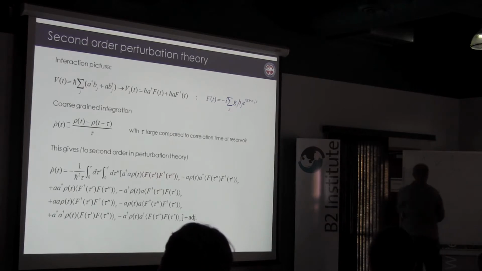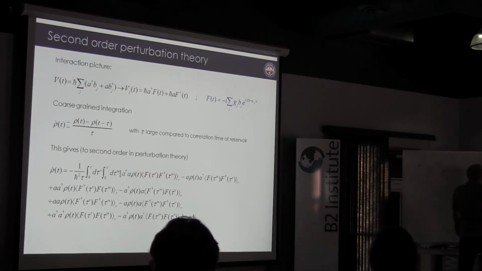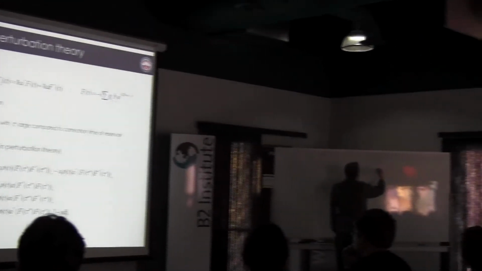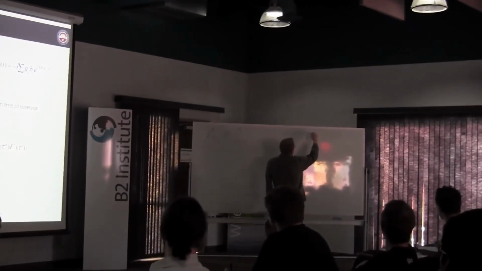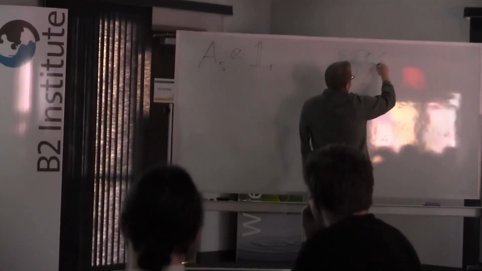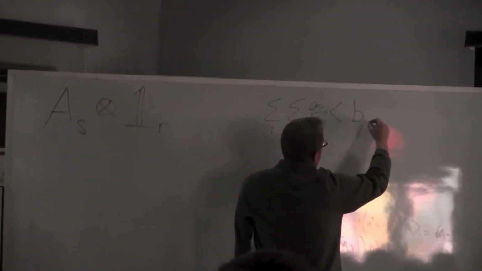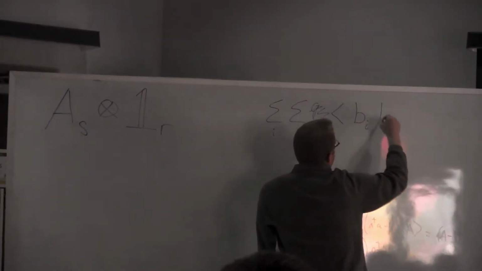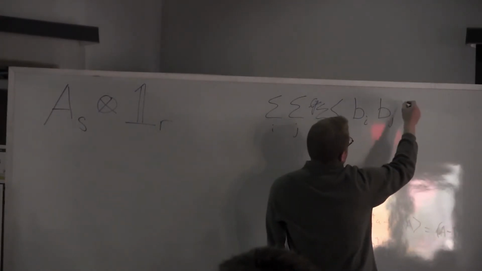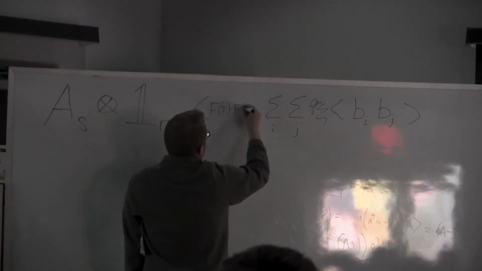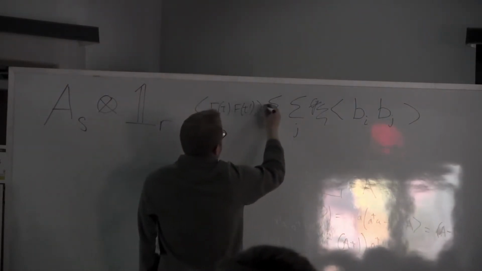So what these look like is, and you'll see this on the next slide, I have double sums over i and j of the reservoir expectations, some constants out here. Not important, but these are going to be summed over the expectation values of, say, b_i, b_j, and then F of t, F of t prime will look like this.